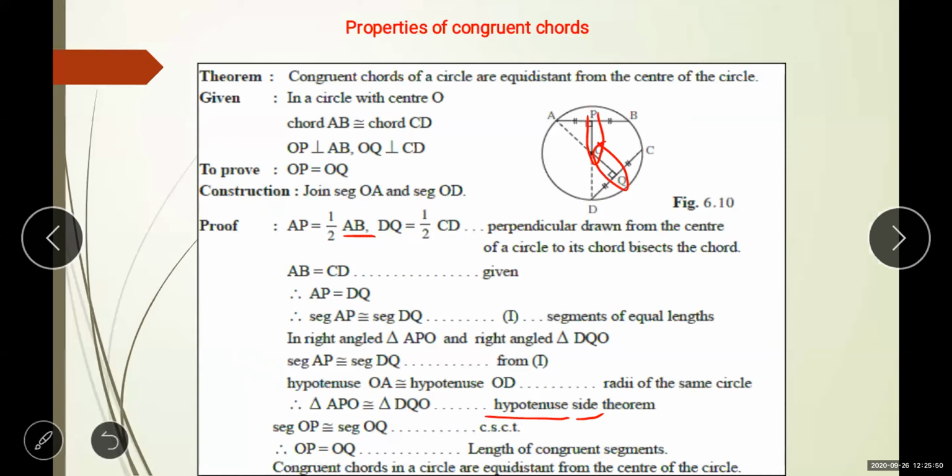Why? They are corresponding sides of congruent triangles, CSCT. Now, as the segments are congruent, the lengths are also equal. So OP is equal to OQ. Hence it is proved. I hope you understood this one.